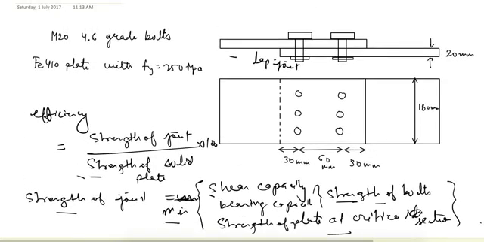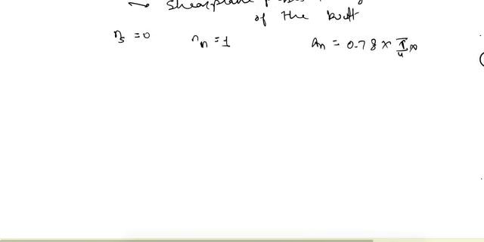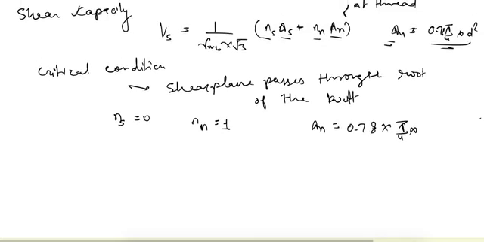It is given that an M20 bolt is used, which means d is equal to 20 and d naught, the diameter of the hole, is 22 mm. 4.6 means the ultimate strength of bolt is 400 MPa and the yield stress is 240 MPa. So we have to use the ultimate stress in this formula.